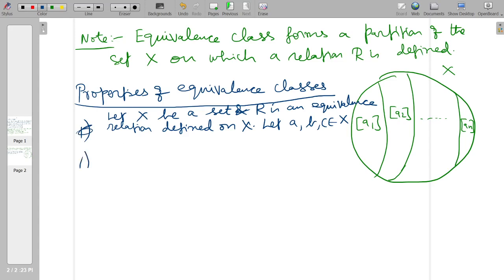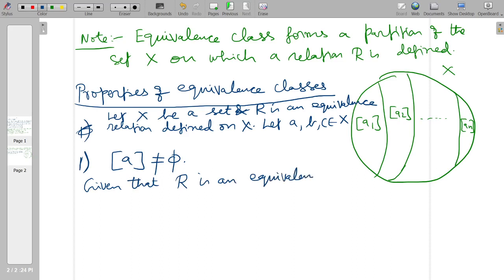Property number 1: the equivalence class of A is non-empty. So this is the first property that we have to prove. If I take any equivalence class, it has to be non-empty. Given that R is an equivalence relation, R is reflexive.